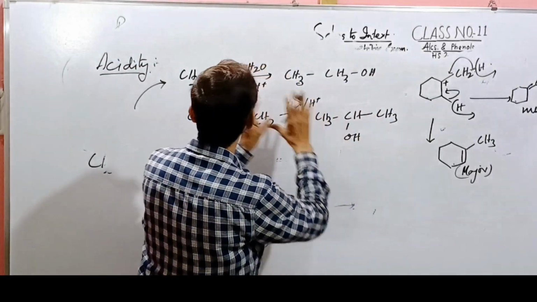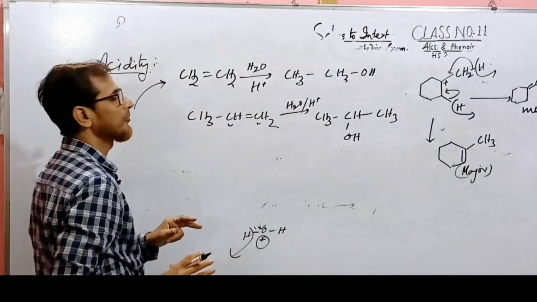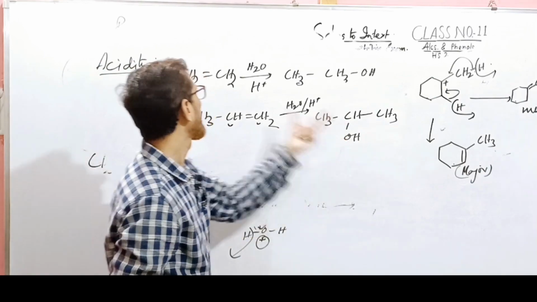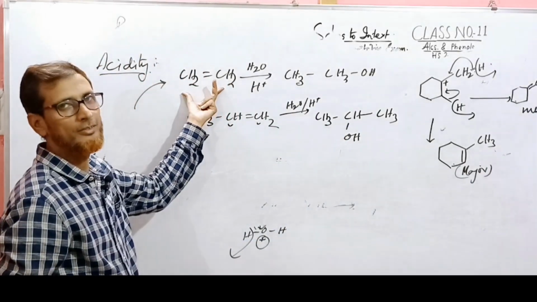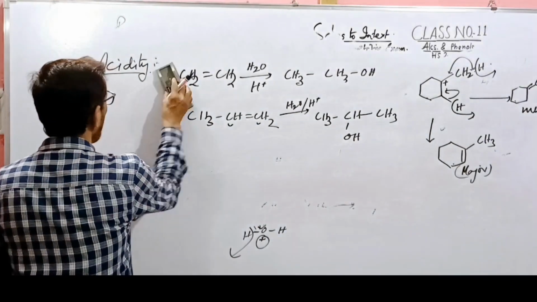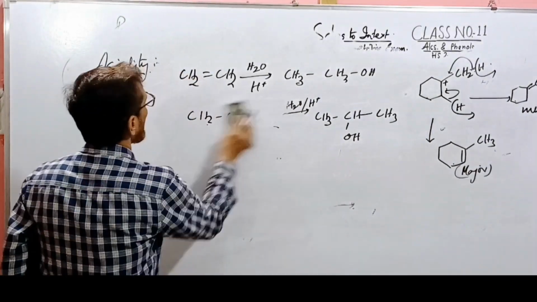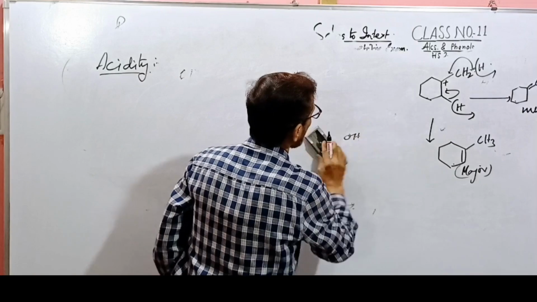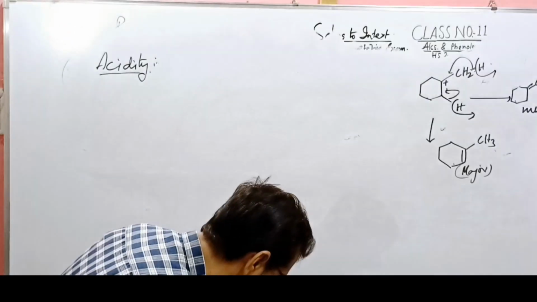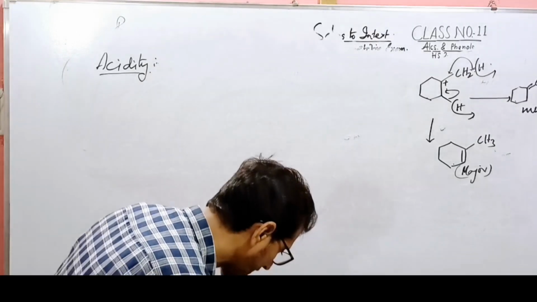This is the answer. So the fact is that when alkene is there, hydrolysis of alkene, we get alcohol. So a very important path or mechanism to get alcohol is that we need alkene. That's why in the next part of the actual question, you have been asked to prepare 1 phenyl ethanol from alkene.